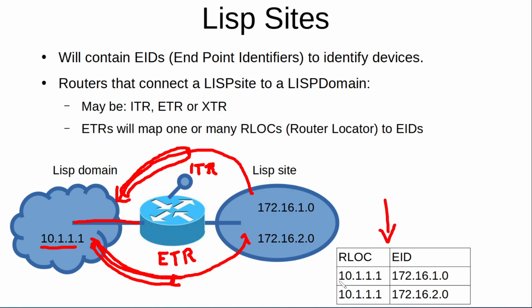We'll have one RLOC, which is 10.1.1.1, the IP address that belongs to this interface, and the EID will be 172.16.1.0, and the other mapping will be the RLOC 10.1.1.1 to the other EID, 172.16.2.0. These mappings come from here.